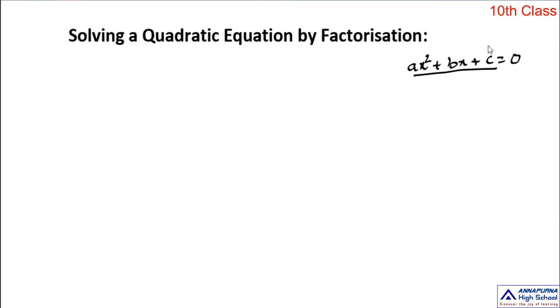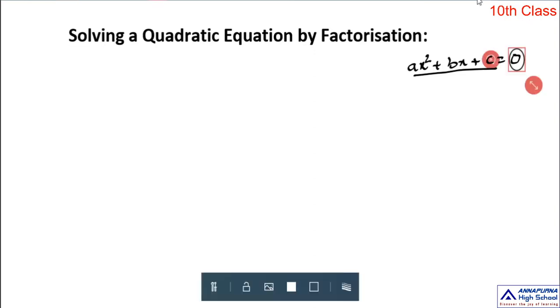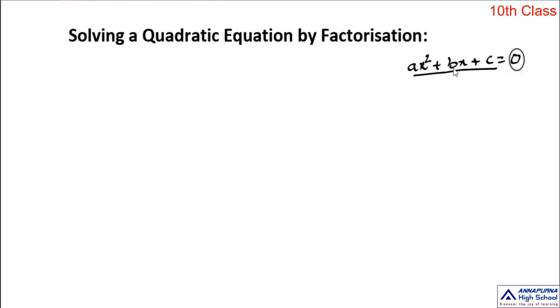So when you solve any quadratic equation, first we change it into standard form. The right side of the equal sign is always 0, and the left side is a quadratic polynomial, ax square plus bx plus c.